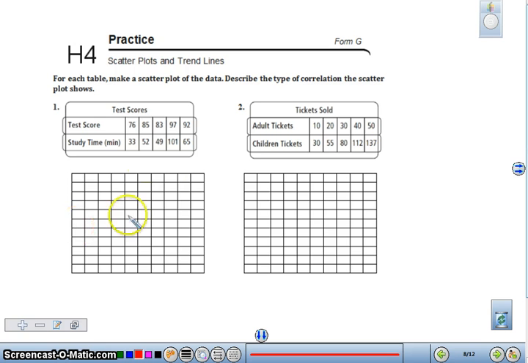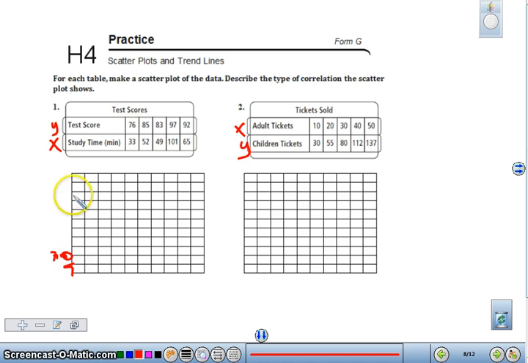So on your homework, as you are doing it, it's really important that you set your scales. As I am looking at this one, we are going to look at study time being X and your test scores Y. If I look at this one, I would go with adult tickets and Y. So here, I might have my study time in minutes going along here, but I might put a break in my graph and start here at 70 for my test scores, instead of starting at 0.